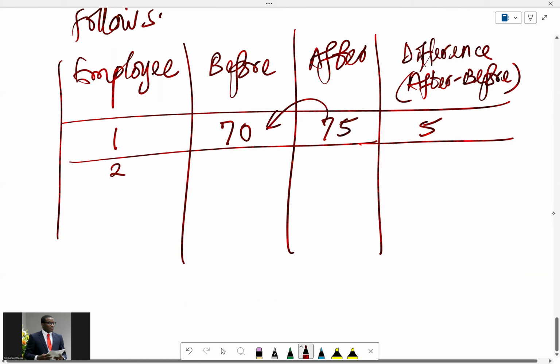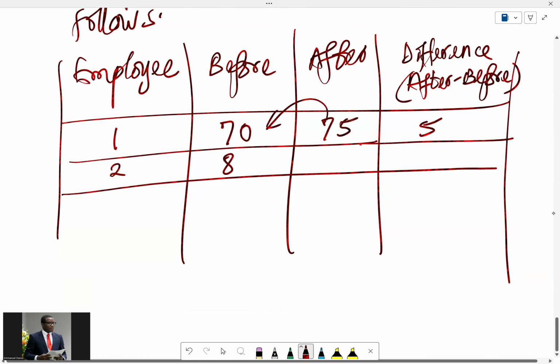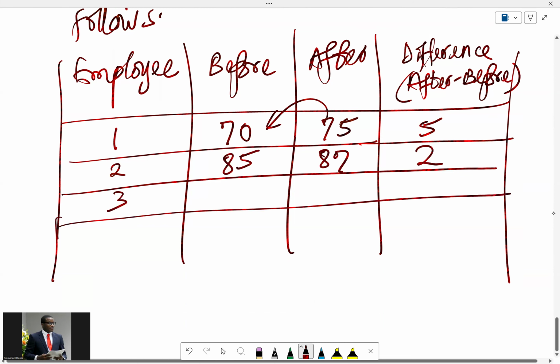Then the second employee, so the productivity before is 85 and after it's 87. 87 minus 85, that's 2. The third employee, so productivity before is 90, productivity after is 92. Then the difference is 2.